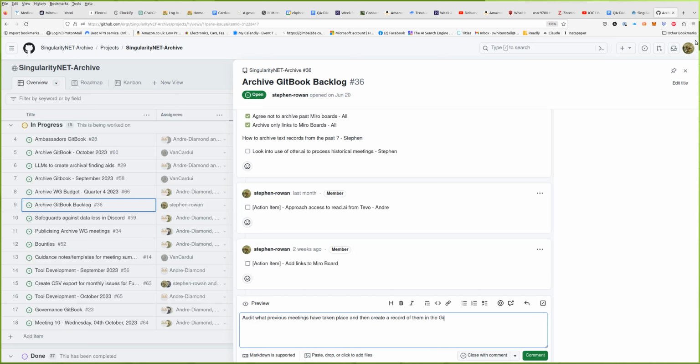That provides a framework for what we have to archive, and what further detail we need.